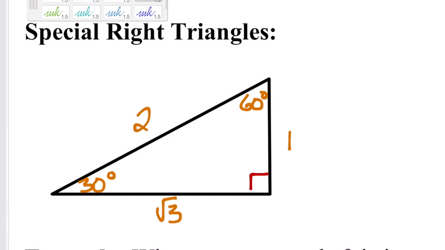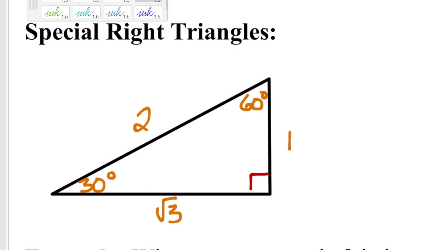So across from 30, that's our shortest side, that's going to be 1. Across from 60 degrees is going to be square root 3. And across from our 90 degrees, which is our hypotenuse, is going to be 2. So this happens every single time you have a 30, 60, 90 triangle. They reduce down to this very basic ratio of 1, square root 3, and 2.